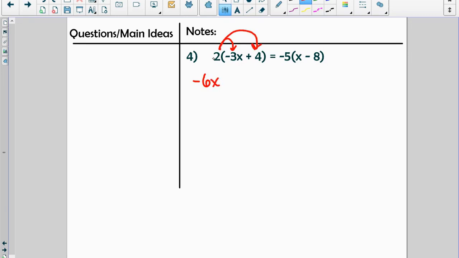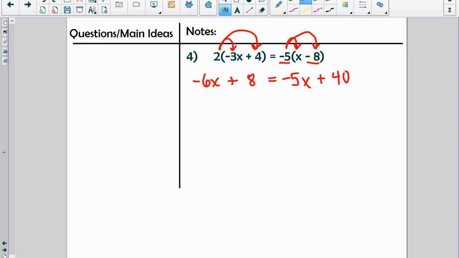Then we multiply 2 times positive 4, and we get positive 8. On the right-hand side, we're going to distribute the negative 5. Negative 5 times x is negative 5x. And a negative 5 times a negative 8 is a positive 40.